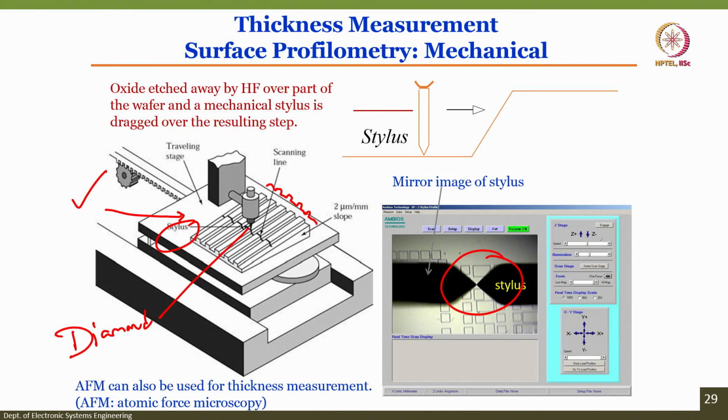We can also control the speed of the z axis, slow, fast, illumination, scan stage, zoom in, right, what we want to see in a real time display scale, whether we want to see 100% or a zoomed-in image. You have the xy stage, you can maneuver the xy stage, and you can also control the load position as well.